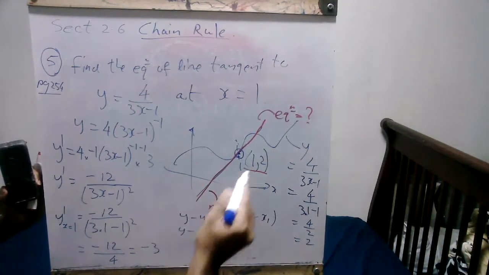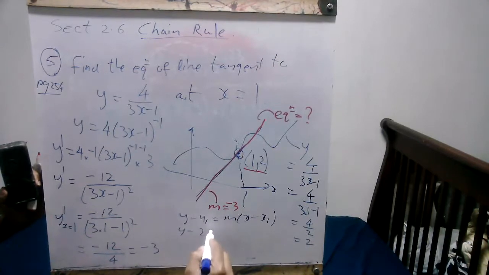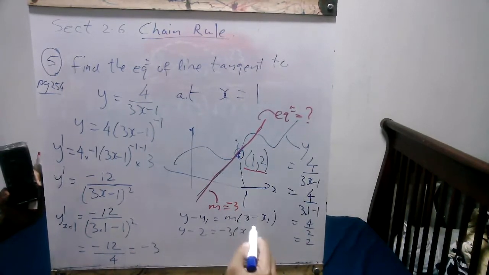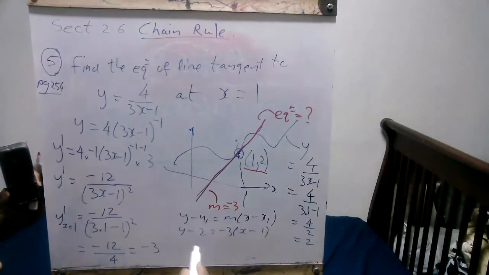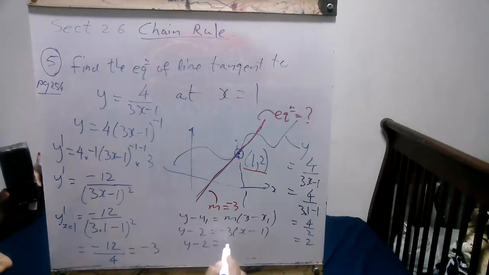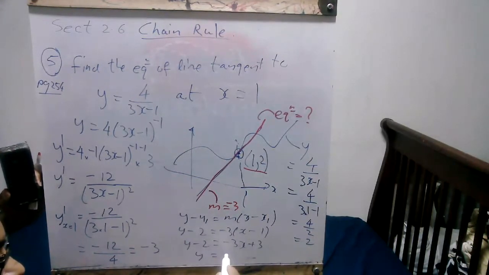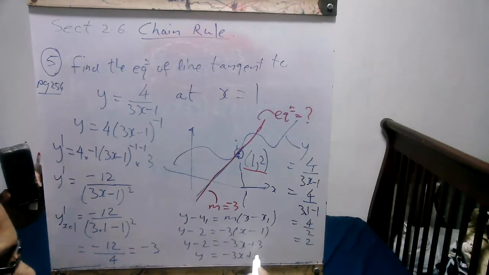Y minus y1 is 2 equals m is -3 times x minus x1 is 1. Y minus 2 equals -3 times x minus 1. -3 times -1 is +3. Add 2 to both sides, we get y equals -3x plus 5.